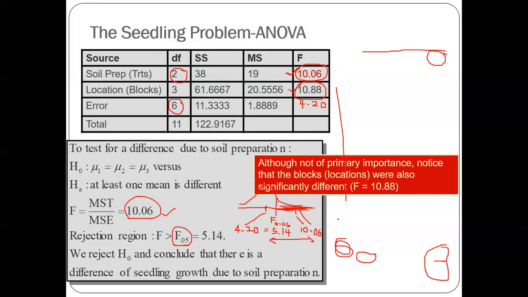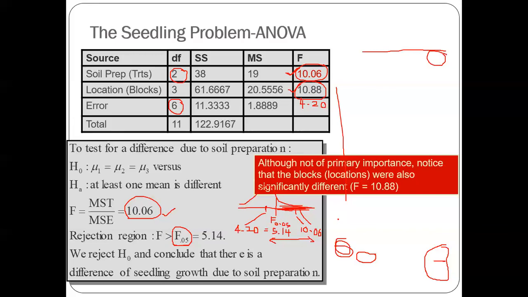If this situation occurs, we must conclude two different conclusions. The first one, we are going to reject the null hypothesis for soil preparation, that is referred to the treatments, and we conclude that there is a difference of seedling growth due to soil preparation.